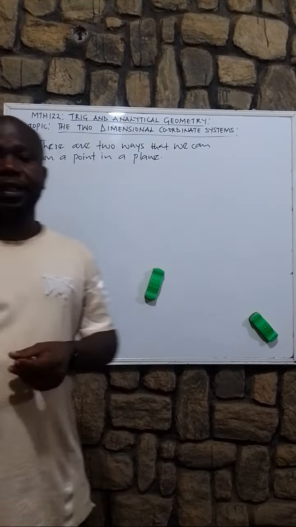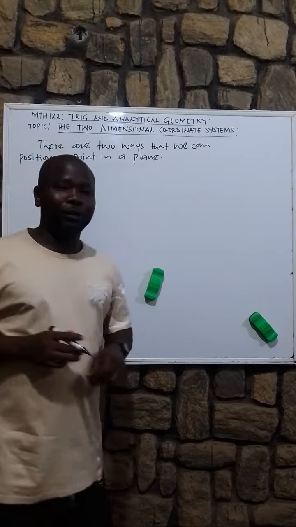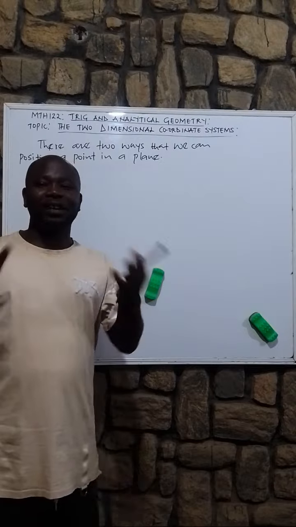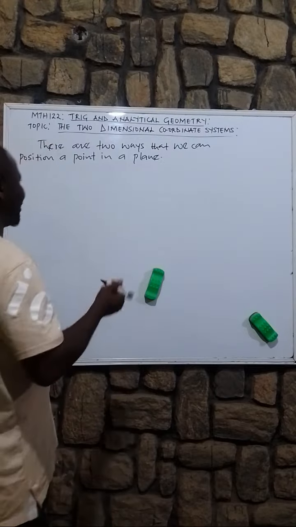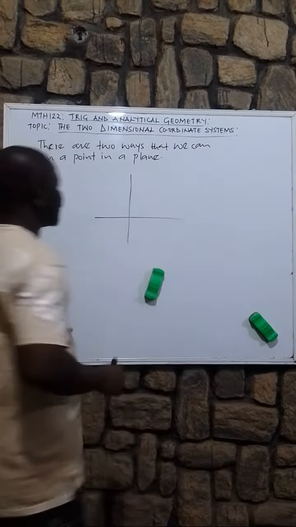When we say plane, it doesn't really mean the flying plane. We are talking about mathematics. When we say plane, plane could be in this form.